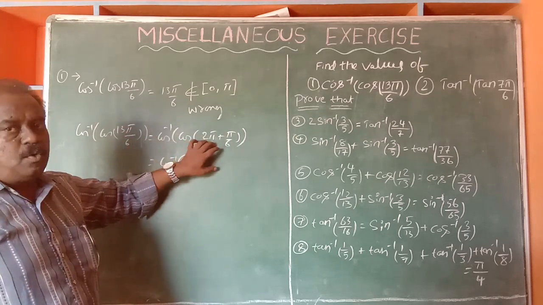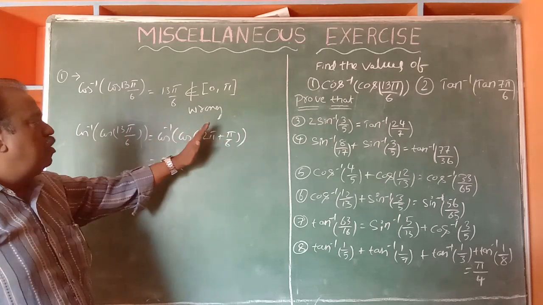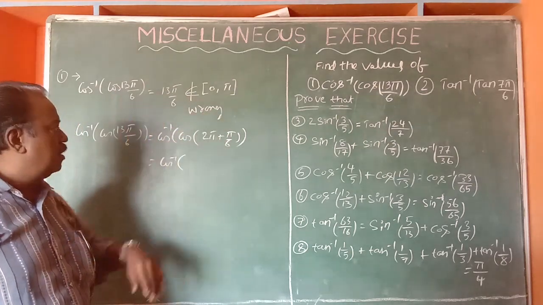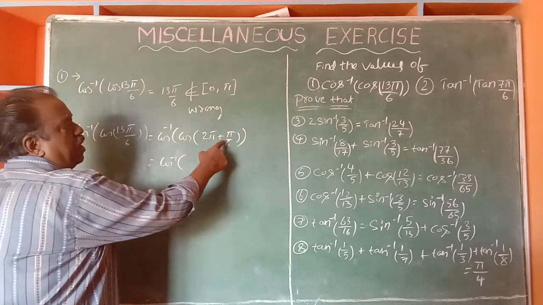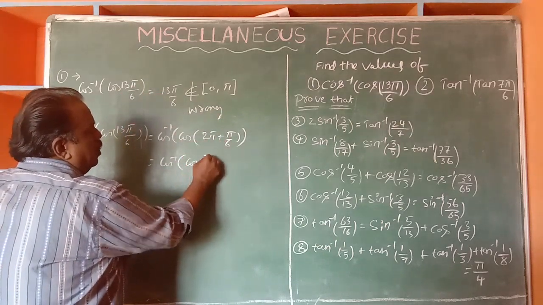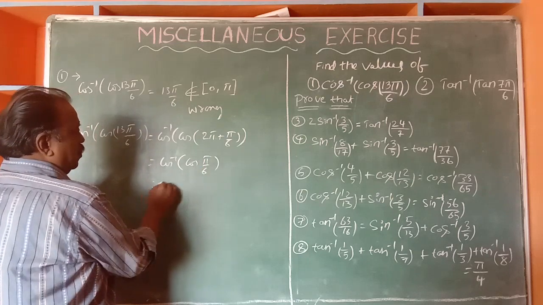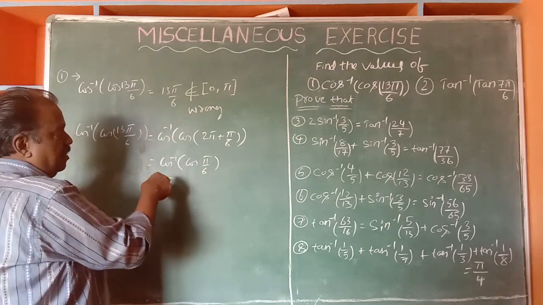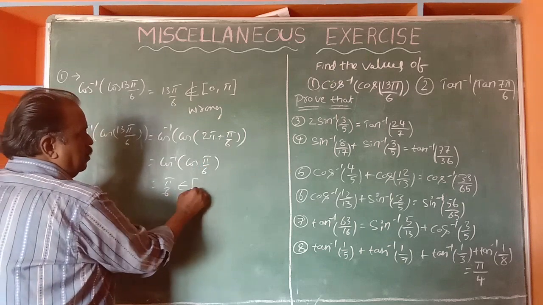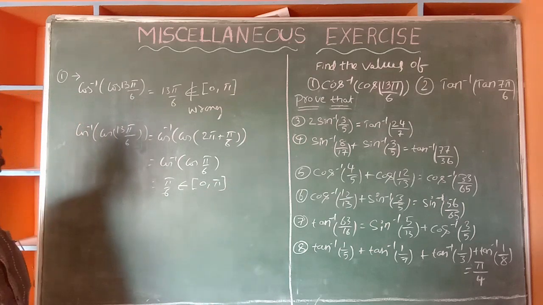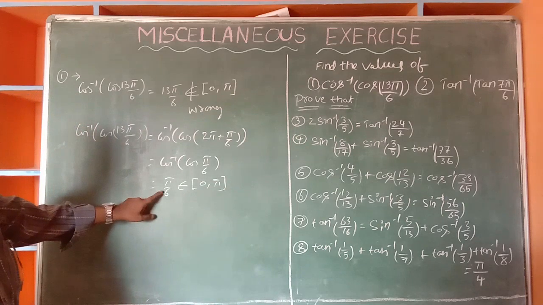Now cos of 2 pi plus theta: one rotation is completed and again the angle is in the first quadrant. In the first quadrant all are positive. So it is cos pi by 6, and pi by 6 is the answer. Cos inverse and cos are cancelled because pi by 6 belongs to the interval 0, pi. Okay now? So this is the answer.